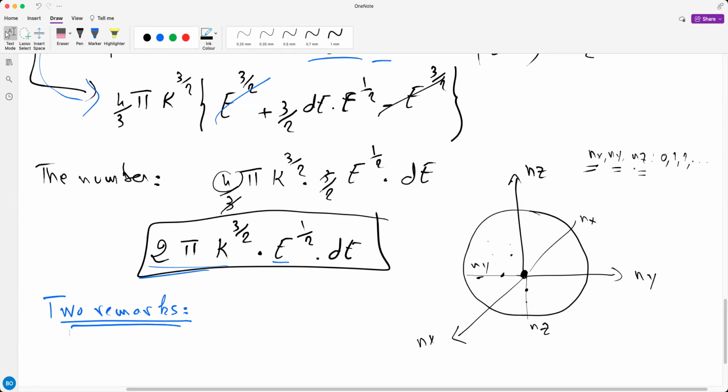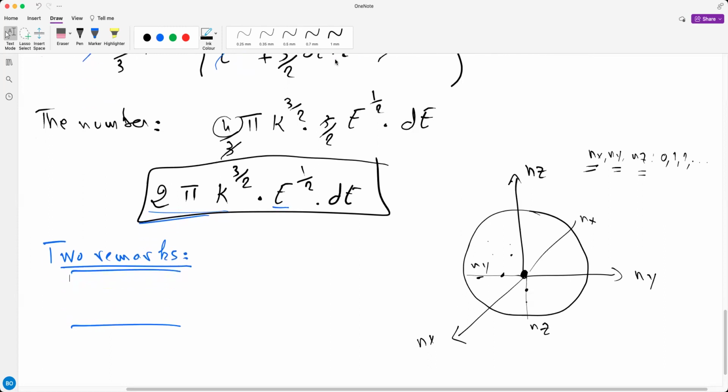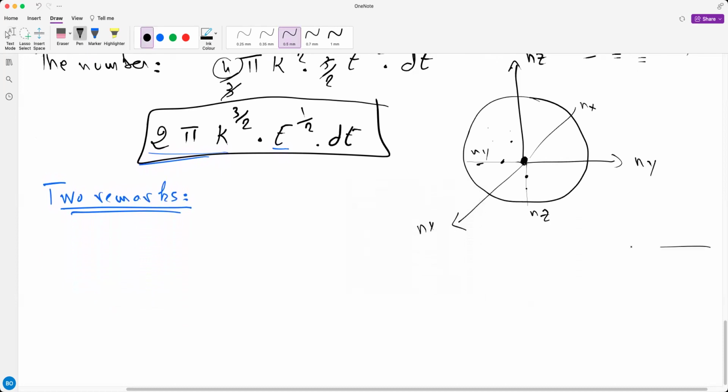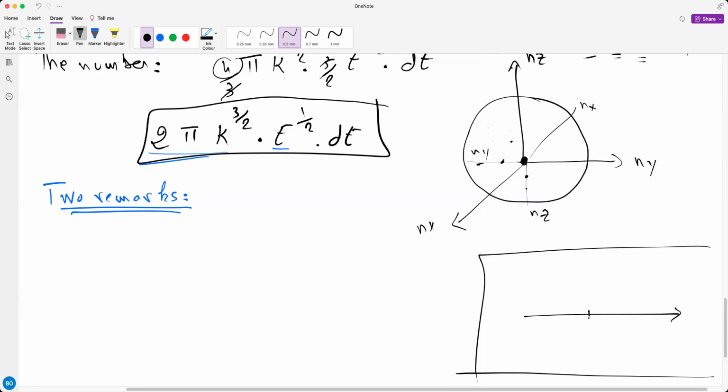Are you following? Okay, so let me just make it simple. Let's start with 1 dimension. In 1 dimension, I start from 0.